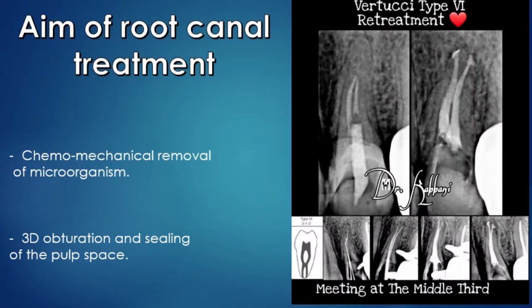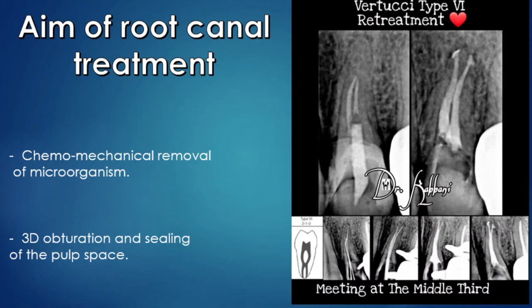The objective or the aim of root canal treatment is to clean the pulp space complex chemomechanically from any bacteria or microorganisms and to fill that space in a 3D filling or obturation.